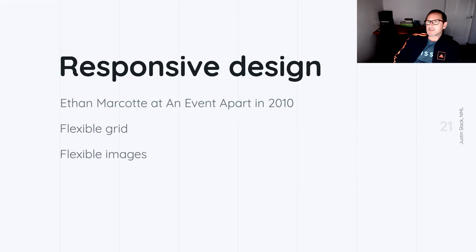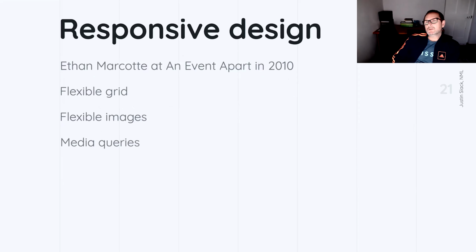For the first time, CSS was used to resize images with max-width of 100% and height auto. And that was a major new thing. And then the next new thing was, of course, media queries and using media queries as breakpoints, which again is kind of hacky, right? It's not what media queries were intended for.